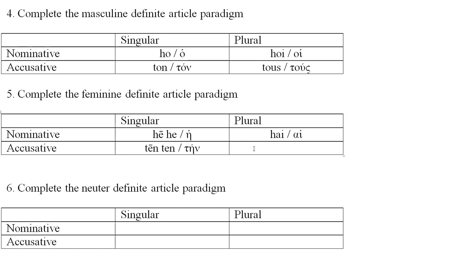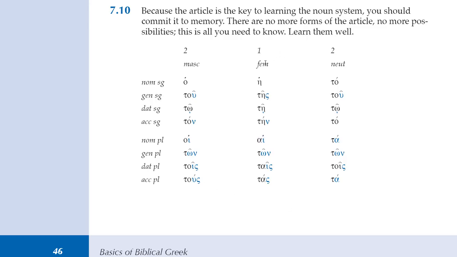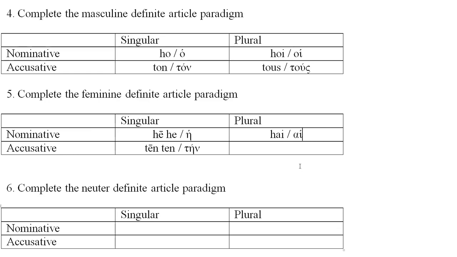And then finally our accusative feminine plural. We have our feminine and then we have accusative plural. So that is tas, tau alpha sigma. So English transliteration tas, and in Greek that will be tas, final sigma, tas.